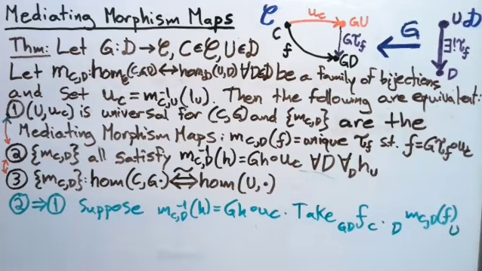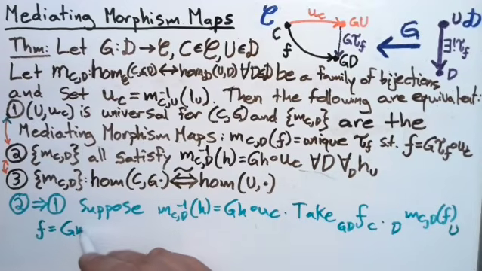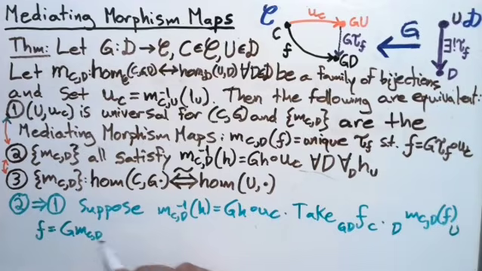So we can apply our formula to it here because this has to be H from U to D. So on this side, MCD inverse of MCD of F, so they cancel and we just have F. And that's equal to, on this side, G of MCD of F after UC, which is the commutativity property that we need here, right?